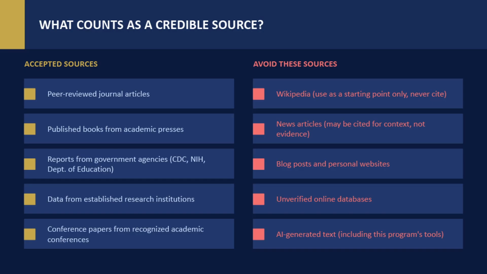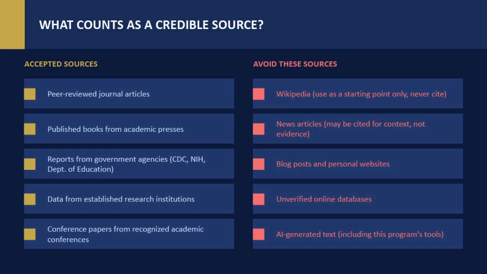Reports from government agencies like the CDC, NIH, the Department of Education, even the CRA and the IRS, and data from established research institutions. All those websites with a .edu attached to them are very well established institutions. And conference papers from recognized academic conferences. Those are all the accepted sources.